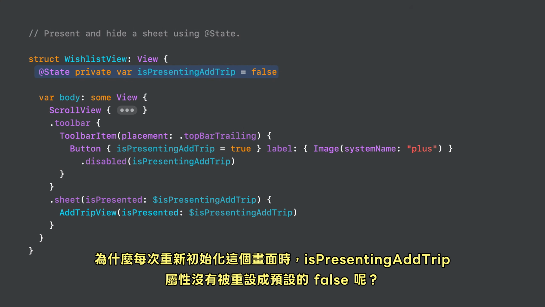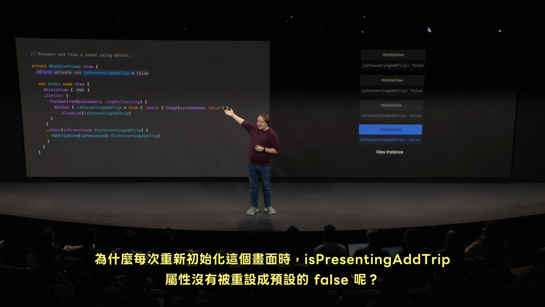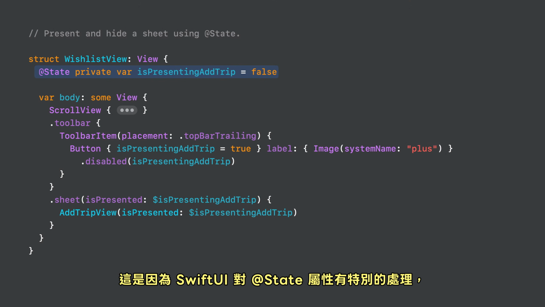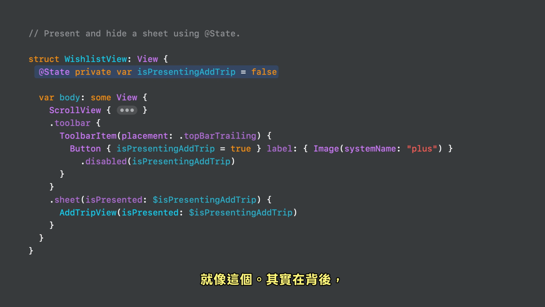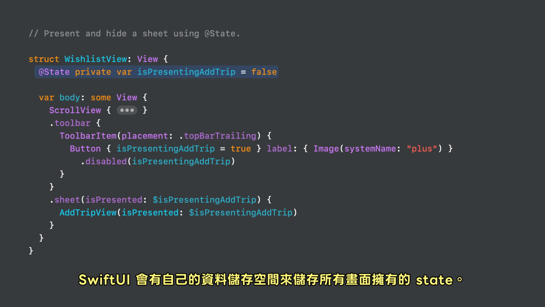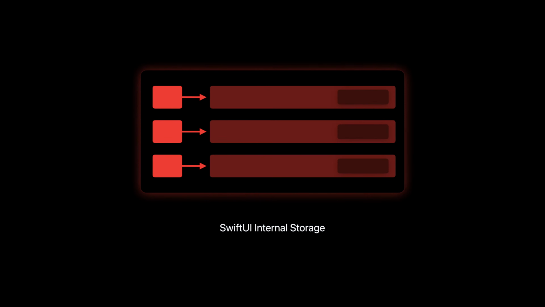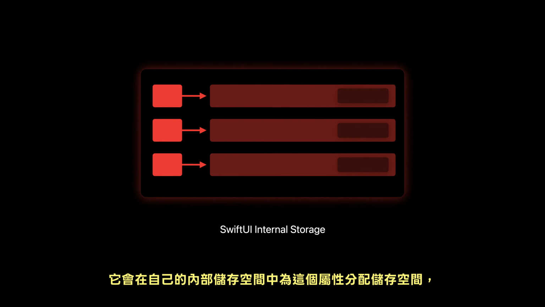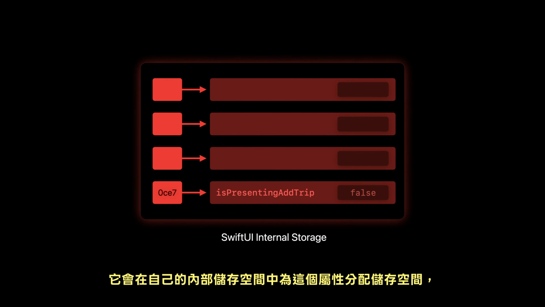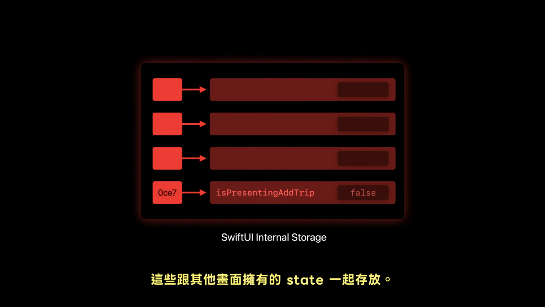So why doesn't the isPresentingAddTrip property get reset anytime this view gets reinitialized, since the default value is false? Well, that's because SwiftUI gives special treatment to @State properties, like this one. Behind the scenes, SwiftUI has its own data storage for all of the state owned by views. When SwiftUI instantiates this view for the first time, it allocates space in its internal storage for this property, alongside all of the state owned by other views.